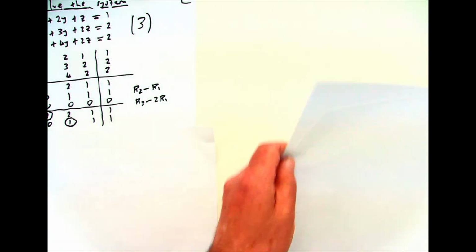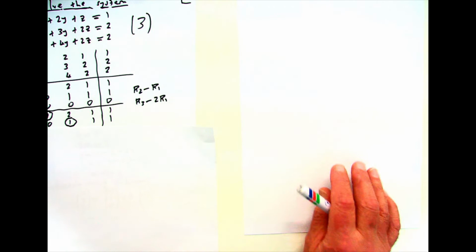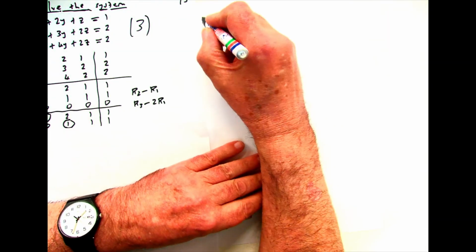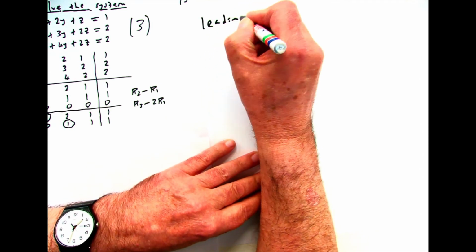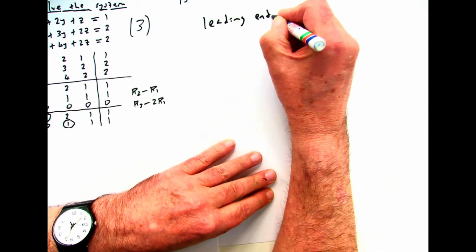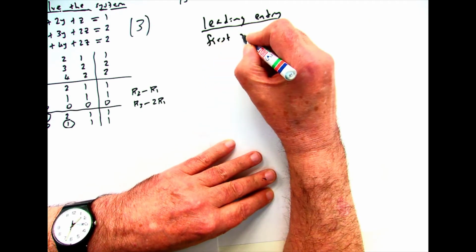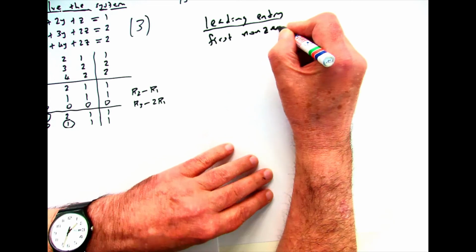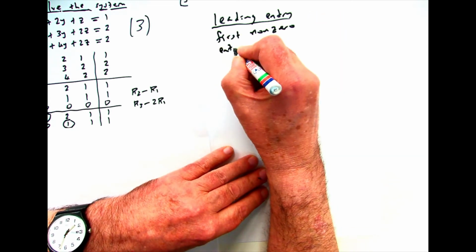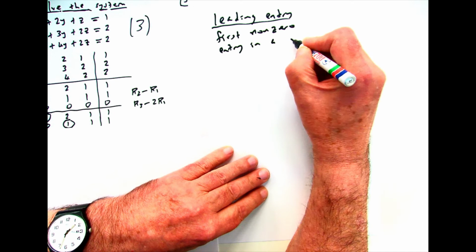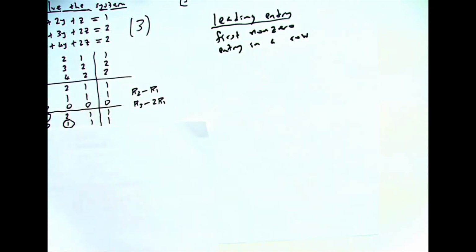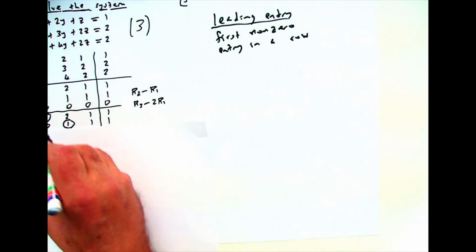So the leading entries are the first non-zero entry in its row. Okay, so I've circled the leading entries.